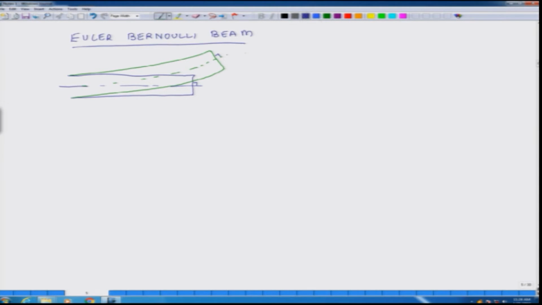So, a lot of times in literature you will see that they say that plane sections remain plane and normal after bending.